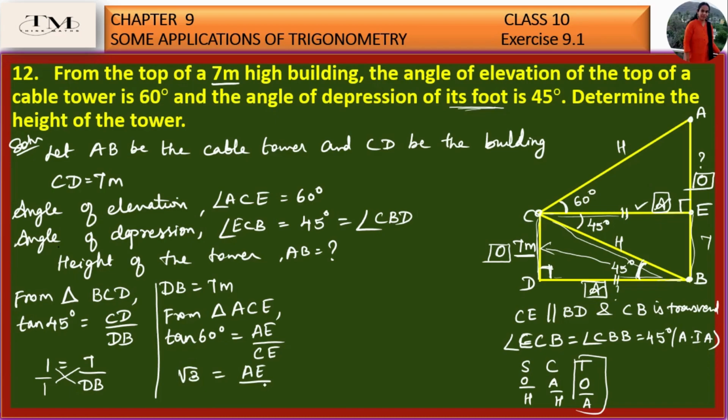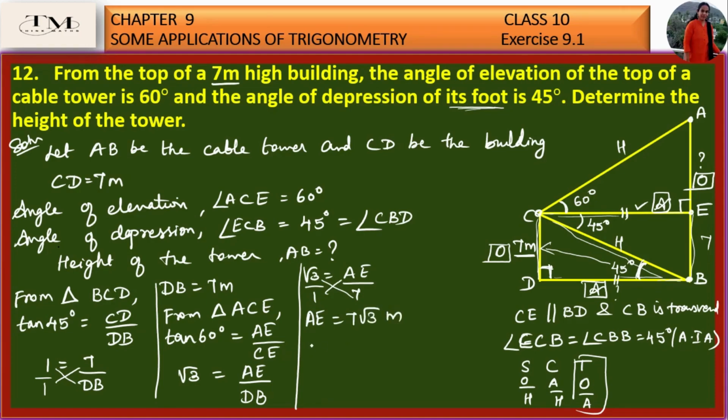What is CE? CE is equal to DB. So root 3 is equal to AE by DB. DB is equal to 7. So AE will be equal to 7 root 3, because by cross multiplication 1 into AE is AE, equal to root 3 into 7. So we can write it as 7 root 3 meter.